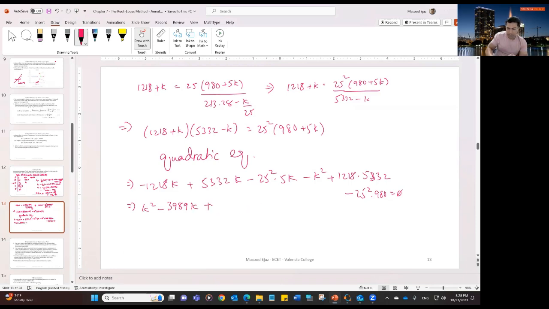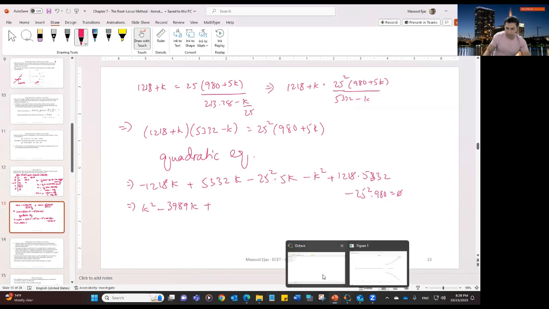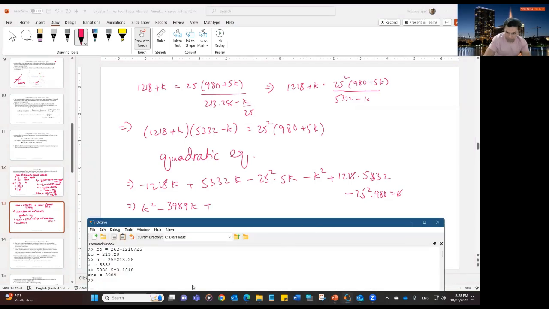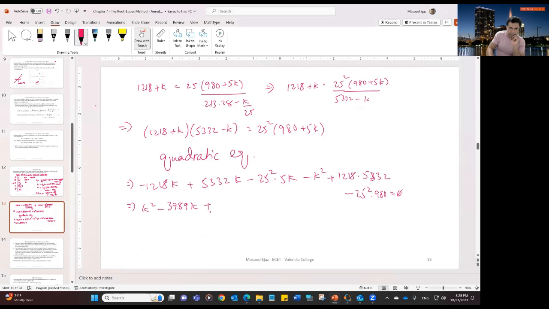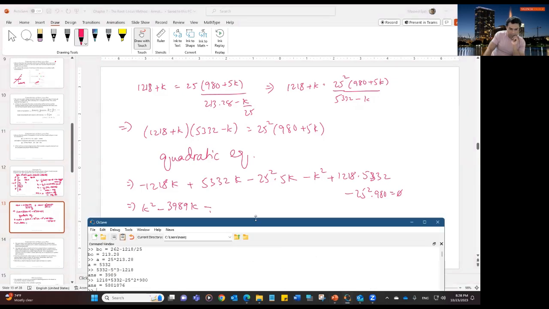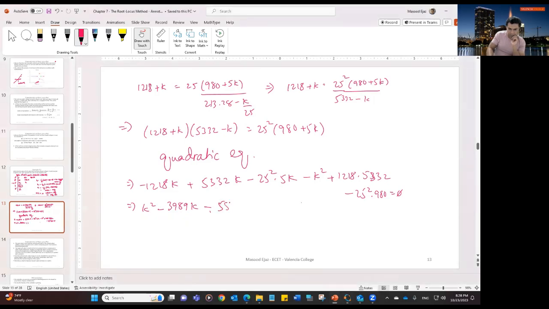And then I have the constant, which is 1218 times 5332 minus 25 squared times 985, which would be 5881876, and that's going to be a negative sign. So minus 5881876 is equal to 0.